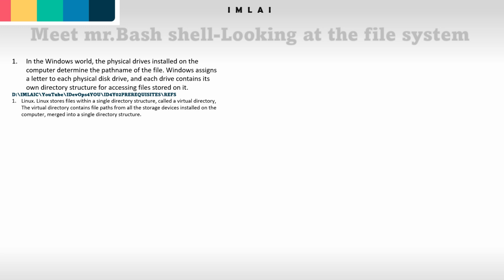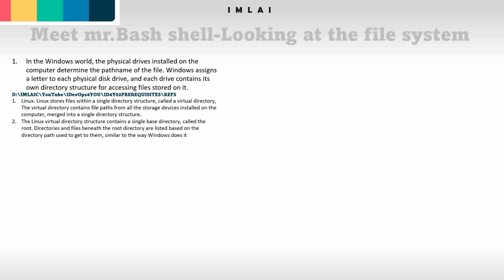The Linux virtual directory structure contains a single base directory called root. Directories and files beneath the root directory are listed based on the directory path used to get to them.